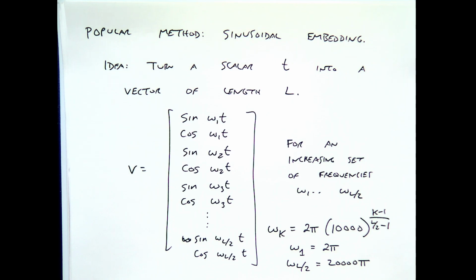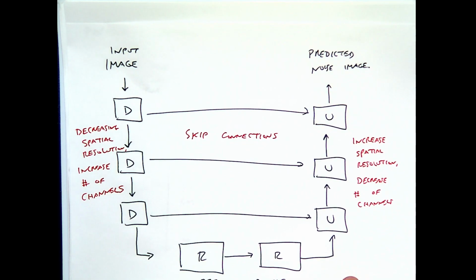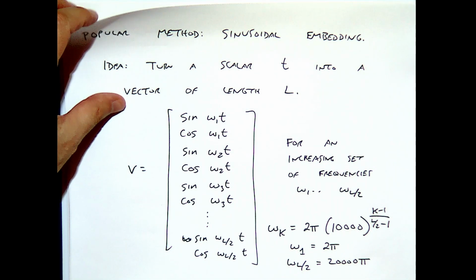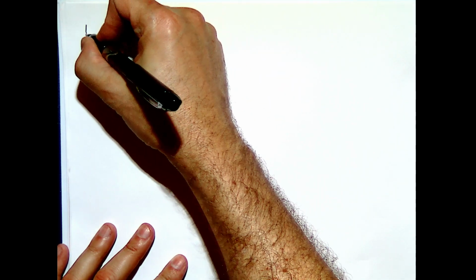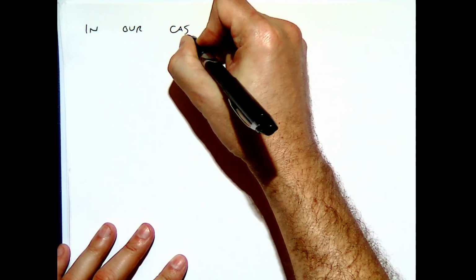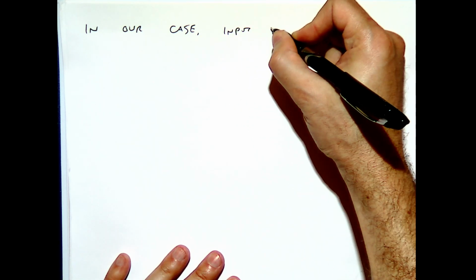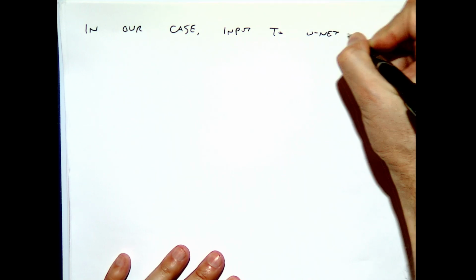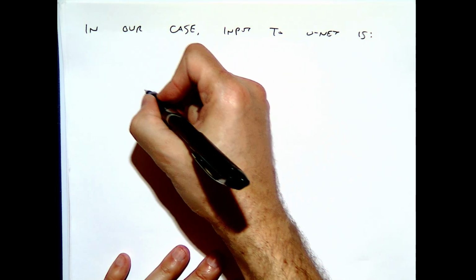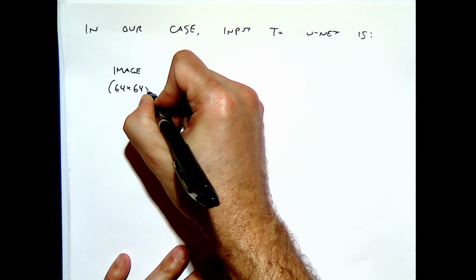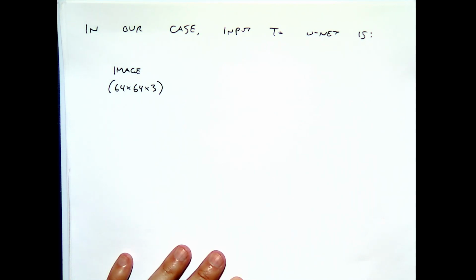Okay. One thing I will say, just to be clear, is that since in the UNet I'm trying to predict things that are image sized, in practice it looks a little bit more like this. The input to the UNet is my image. Let's suppose this image starts off as an RGB 64 by 64 image, okay?